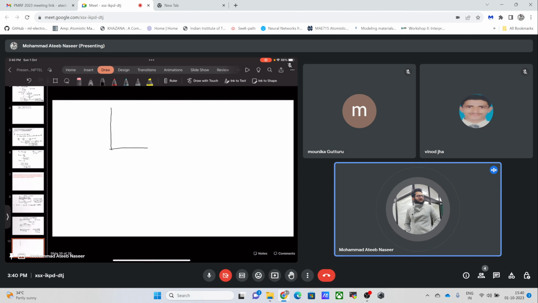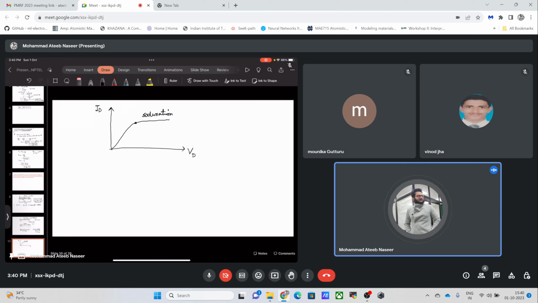You must have seen the curve will look something like this. If this is the drain bias and this is the drain current, the curve would look like this. After this point, saturation occurs, and the current is almost saturated.